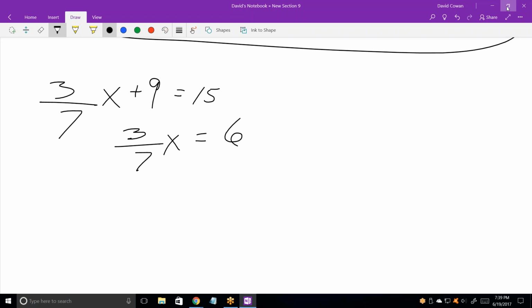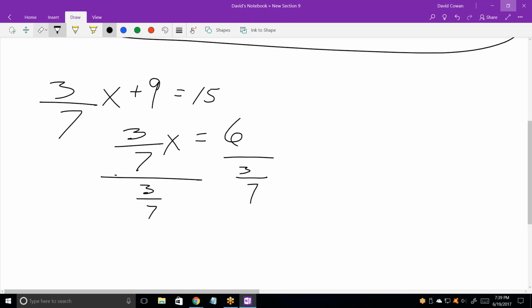What you're really doing, when you divide by 3/7, in other words, you're correct, I'm doing this. But what you're doing when you divide by a fraction is you're really multiplying by the reciprocal of that fraction, are you not? Yeah, so multiplied by 7/3. And that's really the better way to look at it.